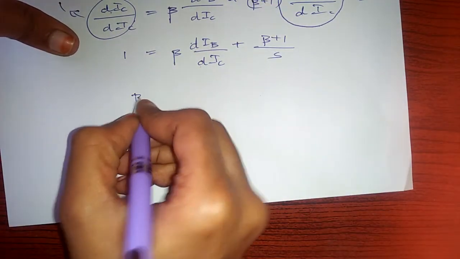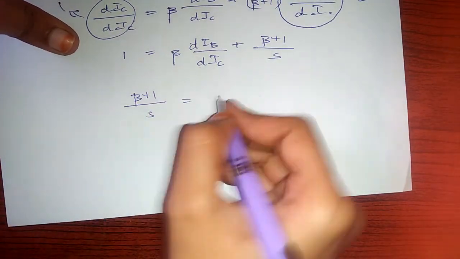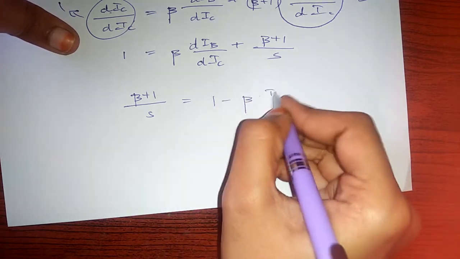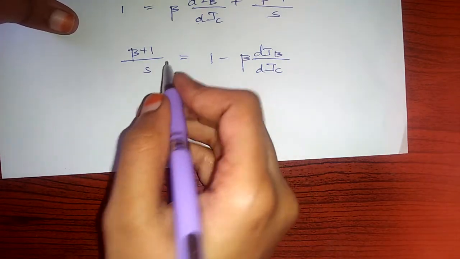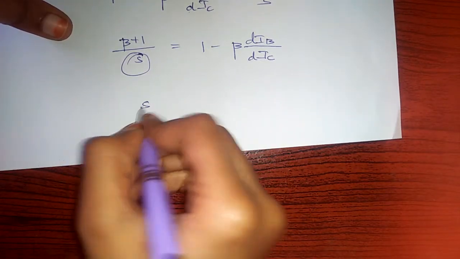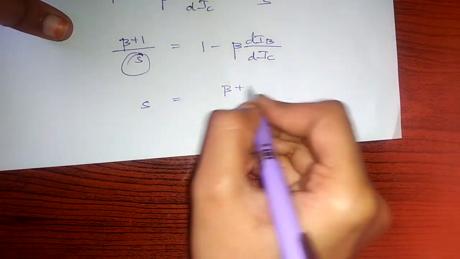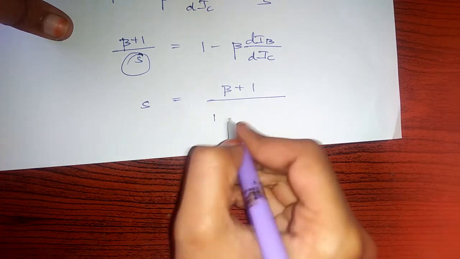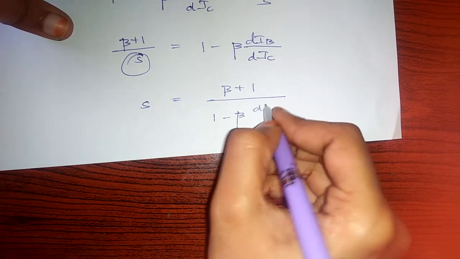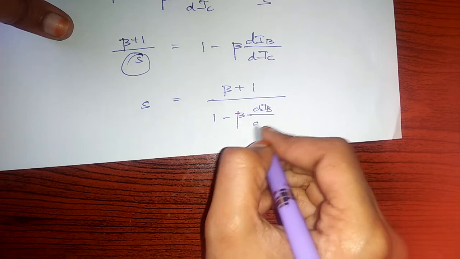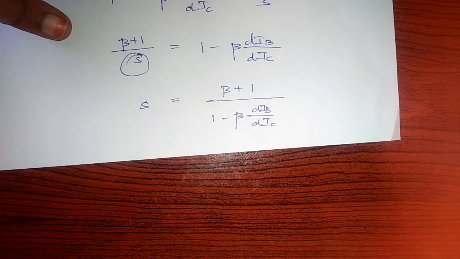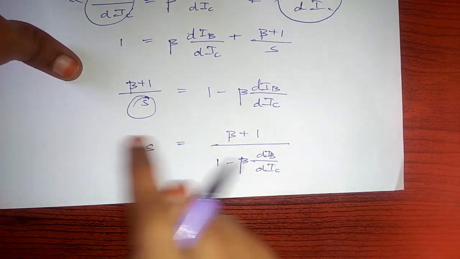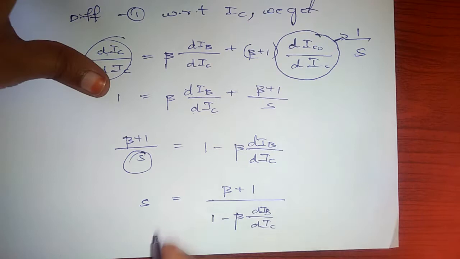Then we have beta plus 1 by S is equal to 1 minus beta dIB by dIC. Then if you want to get S, S is equal to beta plus 1 divided by 1 minus beta dIB by dIC. So this is the expression of the stability factor.